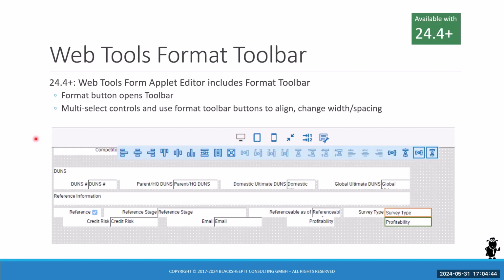I gave it a spin actually with a rather chunky form applet. And I have to say, this developer is quite pleased with the outcome. So formatting form applets in the grid layout editor is now a much more pleasant experience, one could say. Has anybody out there had any hands-on with this new toolbar already?